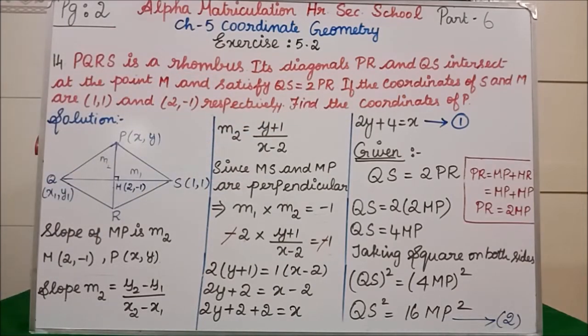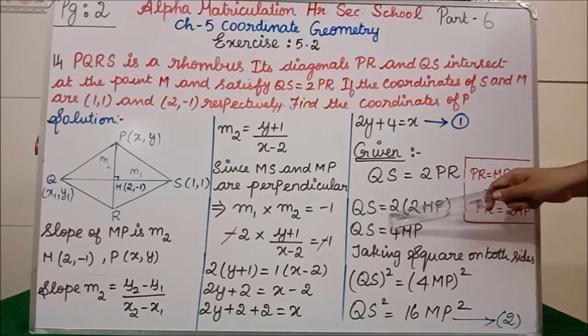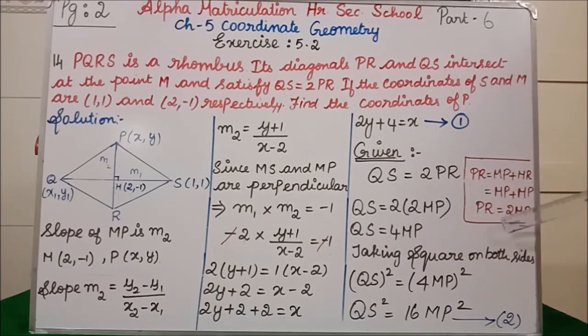Clear students, that box? So if you see here in the question they have given QS equal to 2 times PR. Now from this we have got PR value is what? 2 into MP. So we are going to substitute here. QS is equal to 2 into PR value, which is 2 MP. 2 into 2 is 4 MP.